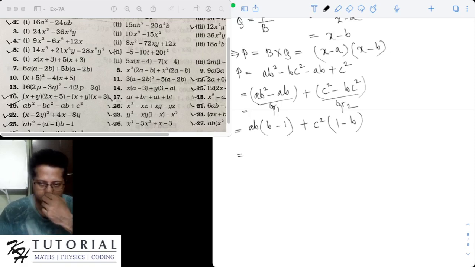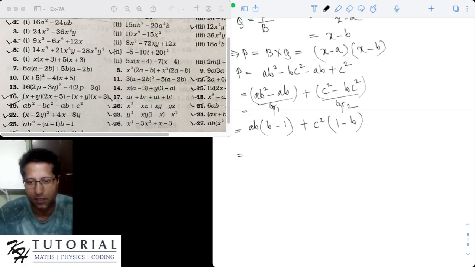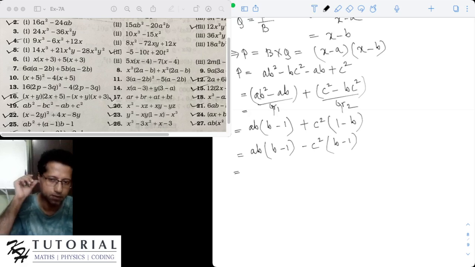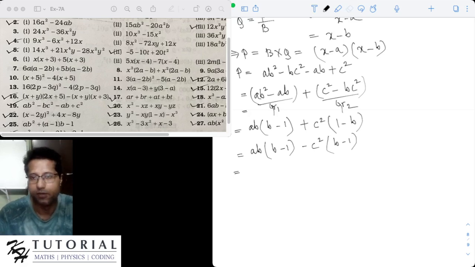So now we see that b minus 1 and 1 minus b are negative of each other. So we can rewrite it as ab into b minus 1 minus c square into b minus 1. So now we clearly see that b minus 1 is a common factor, which is a binomial, for this polynomial.